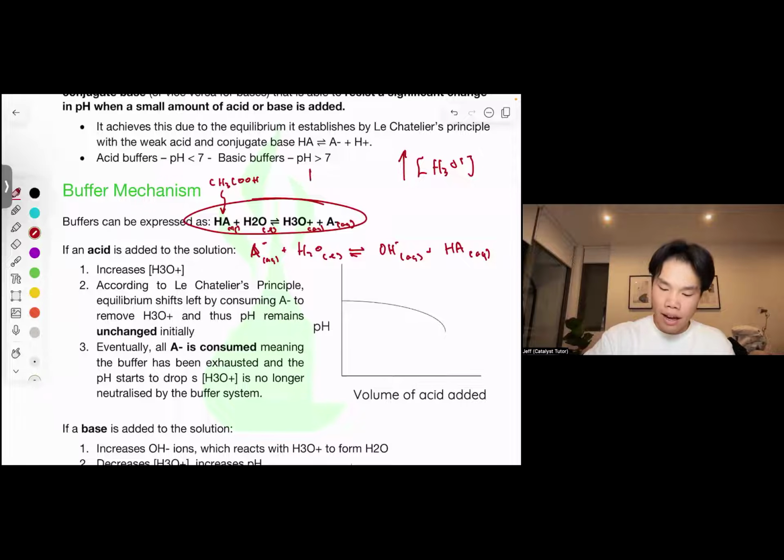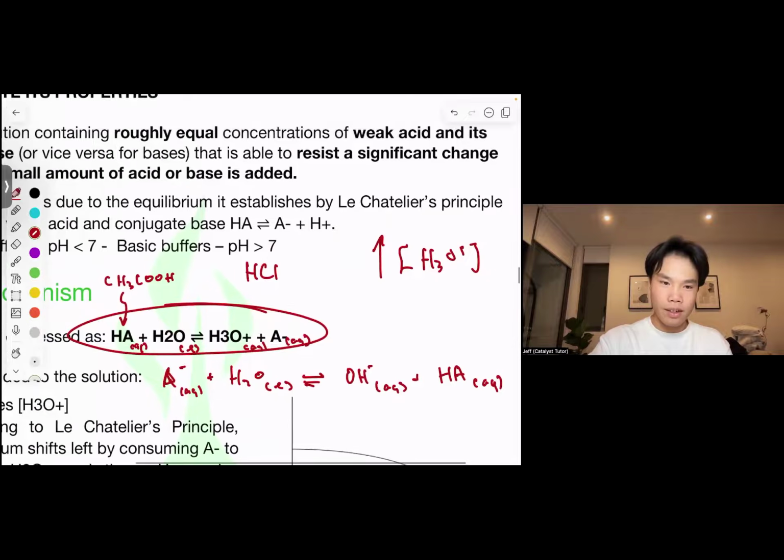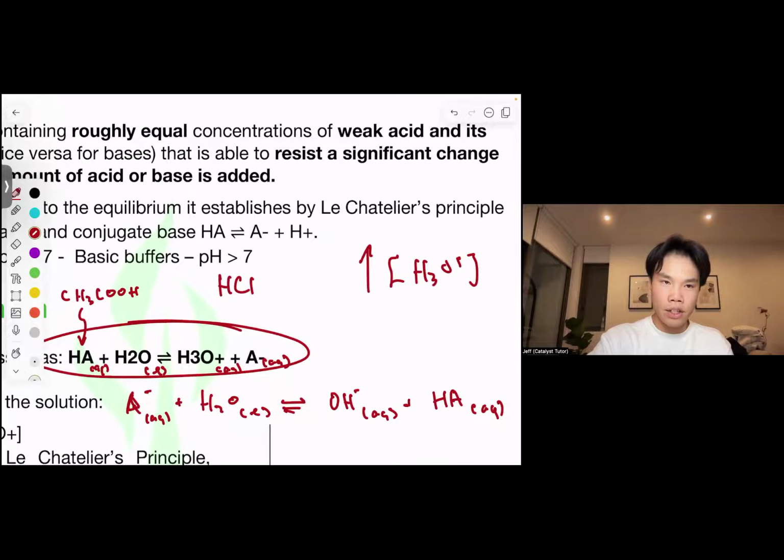If you add HCl into this solution, how will it affect the buffer system? Talk about it through the first equation first.